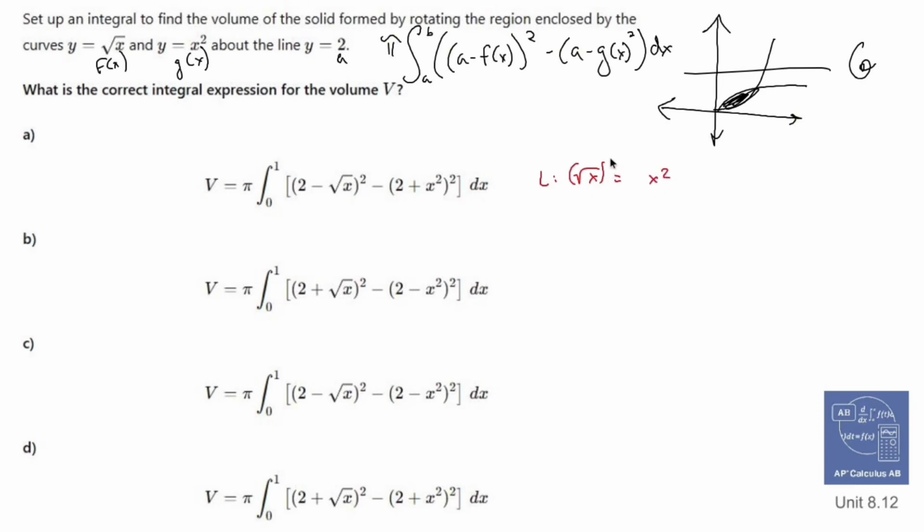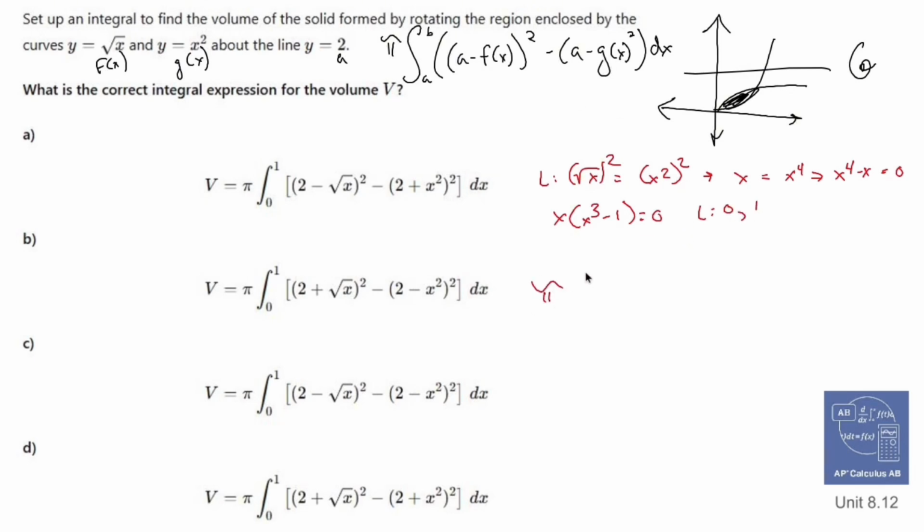Why don't we square both sides, right? So that we get x equals x to the fourth. Subtract x from both sides to get x to the fourth minus x equals 0. Factor out an x to get x to the third minus 1 equals 0. And then you can see that your limits are going to be 0 and 1.